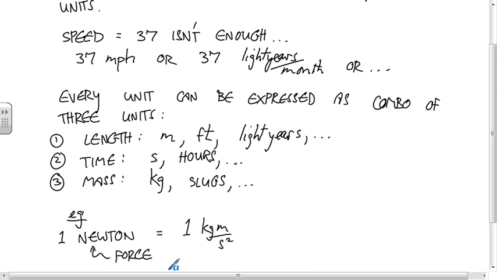So it's a complicated combination of those units, but any unit you can think of can be broken down into a combination of these things. Volts, amps, joules, all of those you can write as combinations of those three fundamental units.